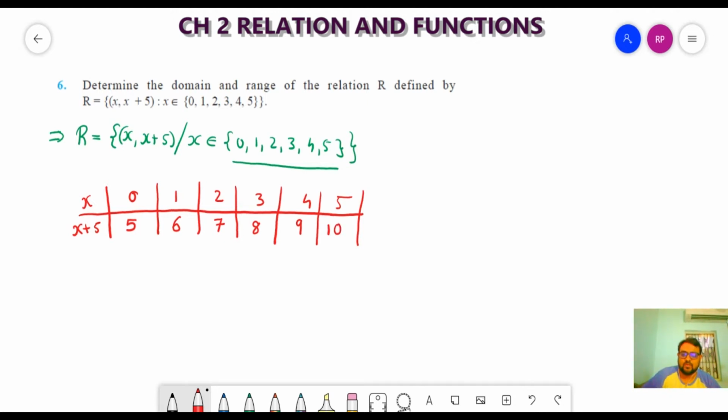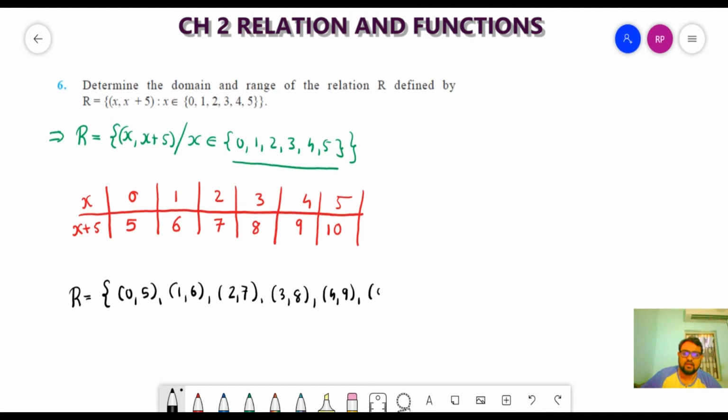So what will be our relation? Our relation R will be the ordered pairs 0, 5, 1, 6, 2, 7, 3, 8, 4, 9 and 5, 10.